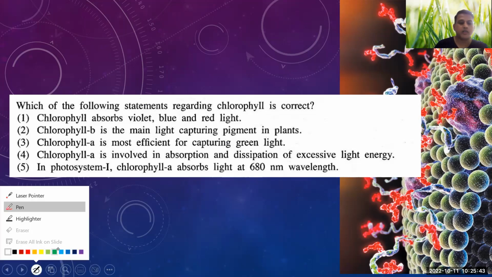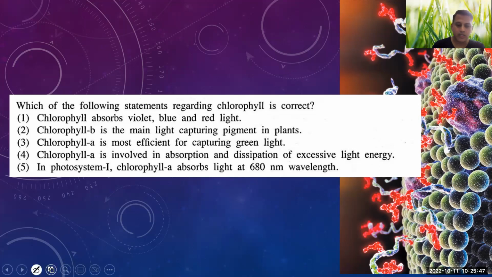Now you see, after 2.5 years of your work, and you study so many things, it is only one word that you have to replace here. It is not chlorophyll A, it is carotenoid, that is involved in absorption and dissipation of excessive light energy.